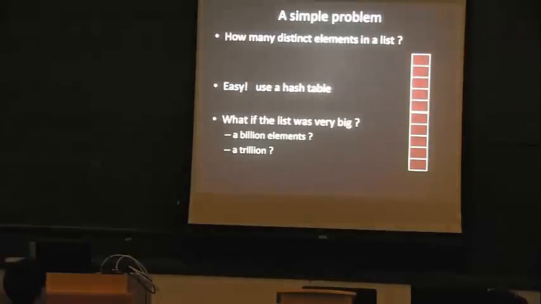What makes this problem very hard is what happens if the list was very big? What if you had to do this not on 1,000 elements, but 1 billion elements or 1 trillion elements? Then all of a sudden, all of these simple approaches, like using a hash table or doing sorting or whatever, go out of the window.